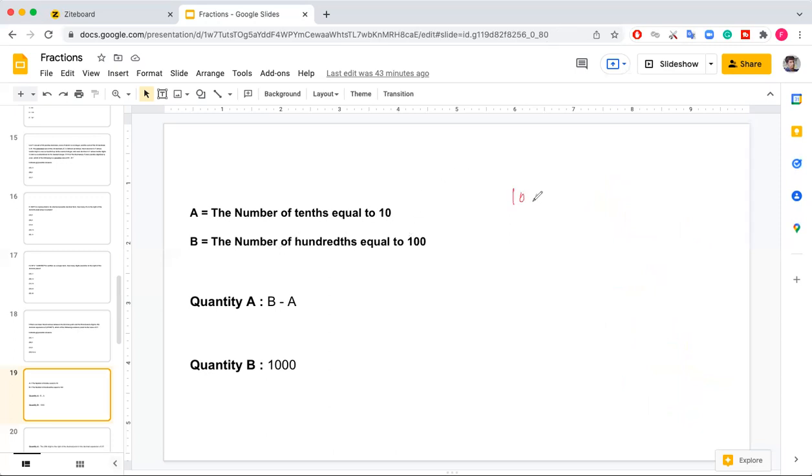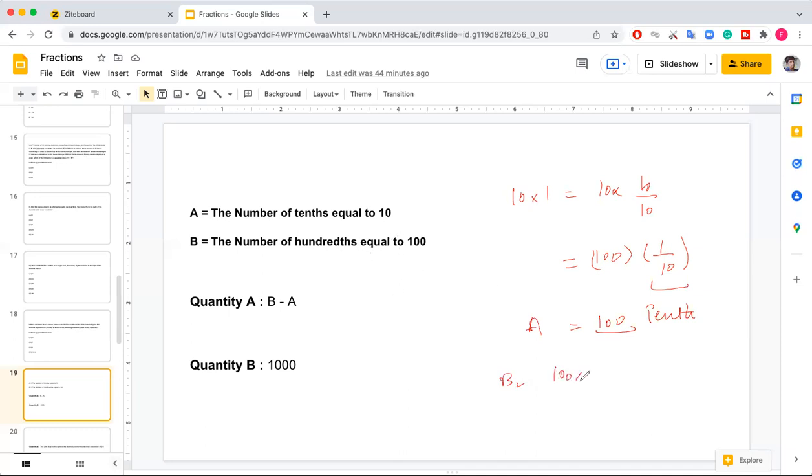So we have 10 into 1, which is 10 into 10 by 10. And we can write this as 100 into 1 by 10. And 1 by 10 is the 10th, right? So we have 100 10th. We have the 100th value for A. And for B, we have the number of 100th equal to 100, right?